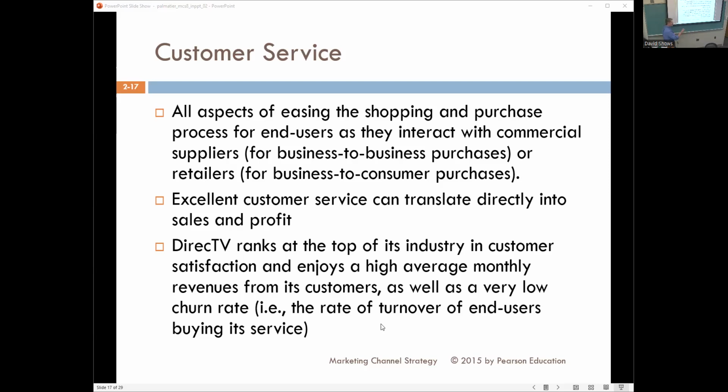And service can be a sustainable competitive advantage because it can be difficult to duplicate. So they track DirecTV as one of the top in the industries. They have a high average revenue. They have a very low churn rate, which is the rate of turnover of end users. And it has to do really with their customer reps. So if you become a customer of DirecTV, they do whatever they can to take care of you.